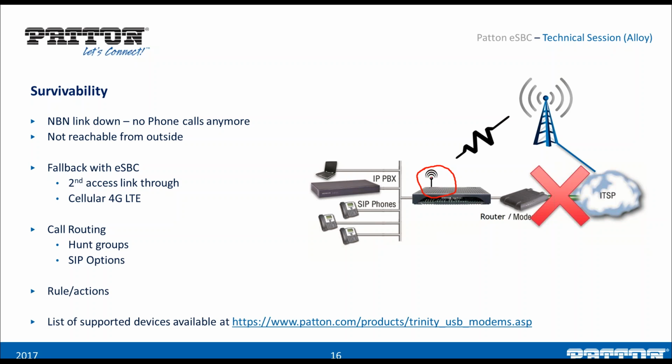Now, what devices do we support on our USB interface? It is available on our website as trinityusbmodems.asp. So you can use this link to look at the devices which we support as of now. But in case there is any device which you need support for, and you just connect it and it's not working, we can make it work for you.